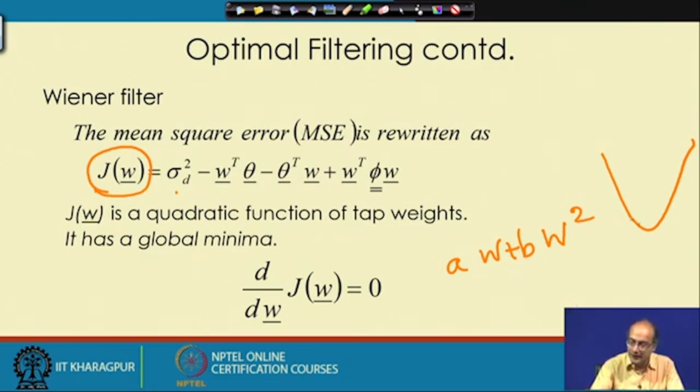Now, being a parabola, it has a minima, and we can reach this global minima by taking the derivative.